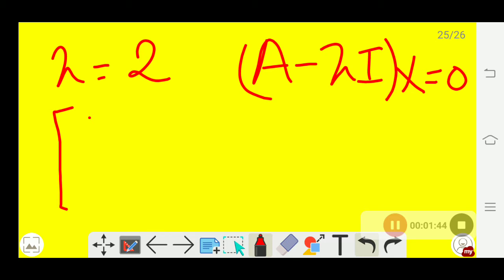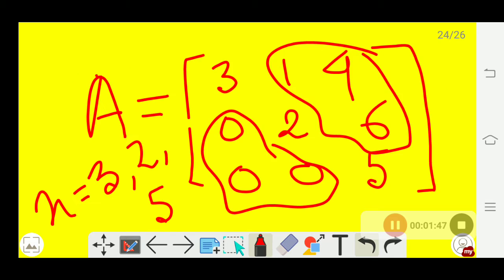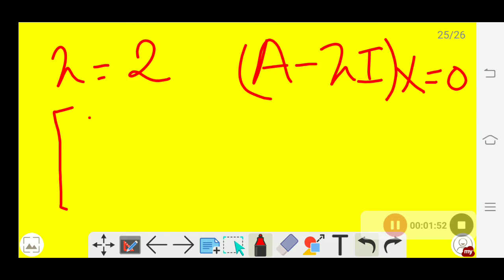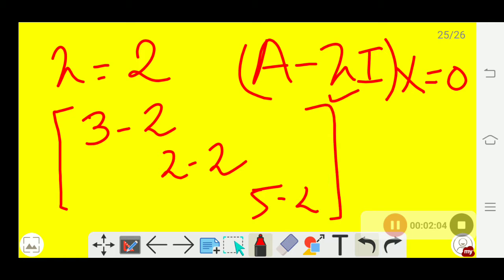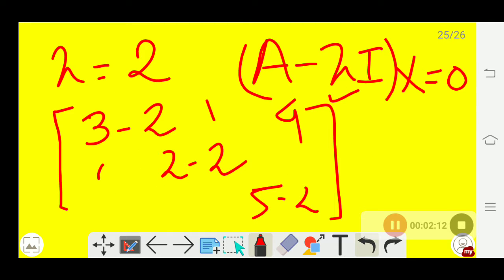So A minus lambda I is this one: 3 minus 2, 2 minus 2, 5 minus 2, and the rest as it is: 0, 0, 6, 0.